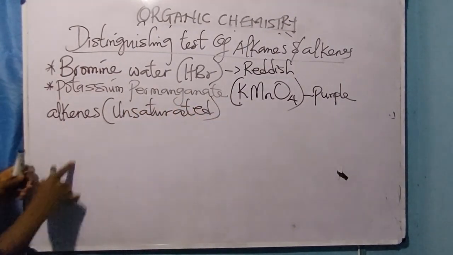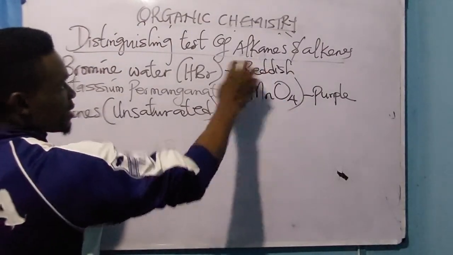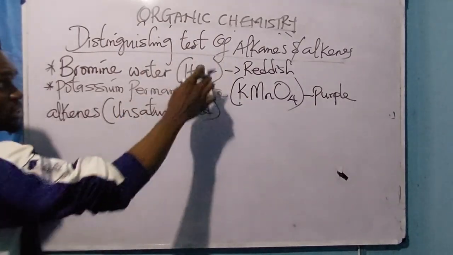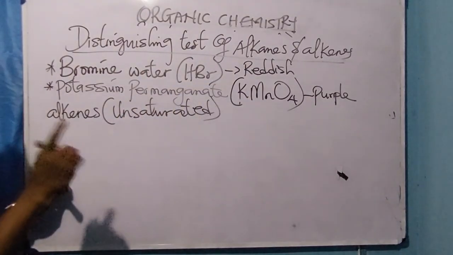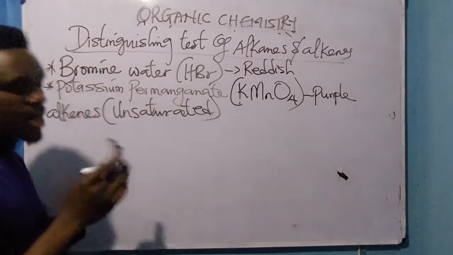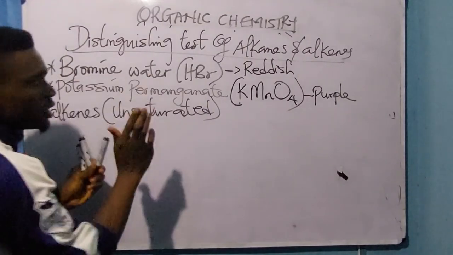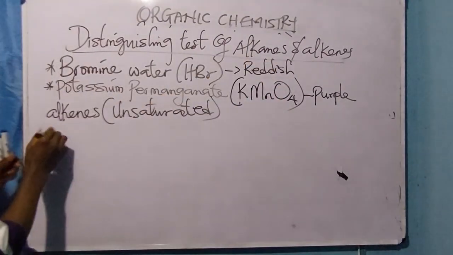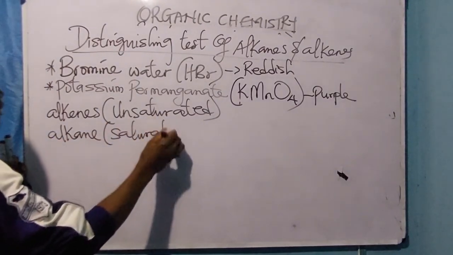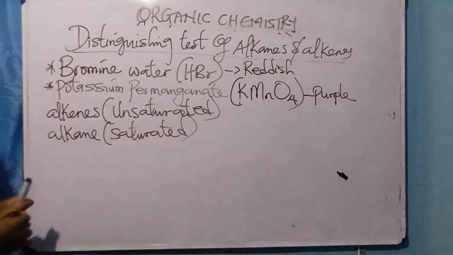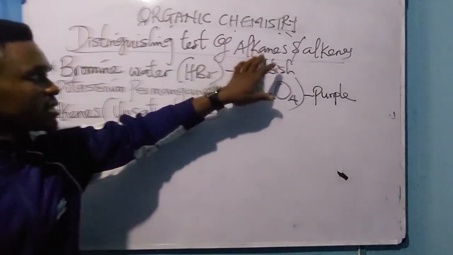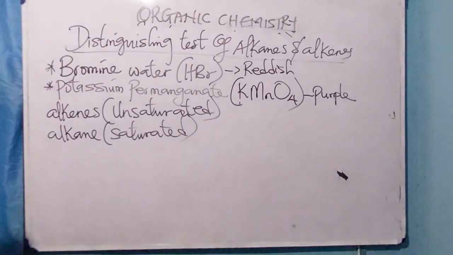If they change color or decolorize, it shows the presence of alkenes, called unsaturated hydrocarbons. But if they remain the same, that is, there is no change in their color, it shows the presence of what? Alkanes. And alkanes are what? Saturated. So please take note of that. It is very, very important. So these are the two compounds that can be used to distinguish alkanes and alkenes. It is very, very important.